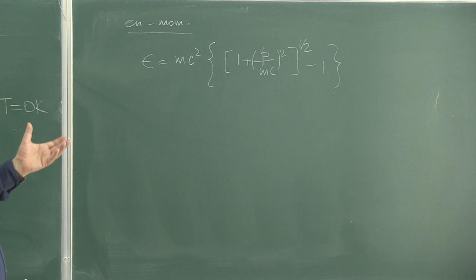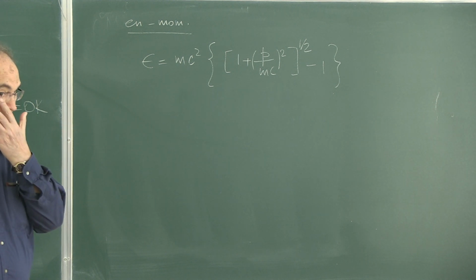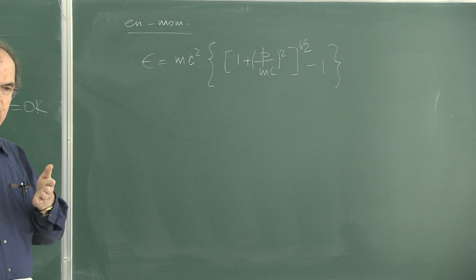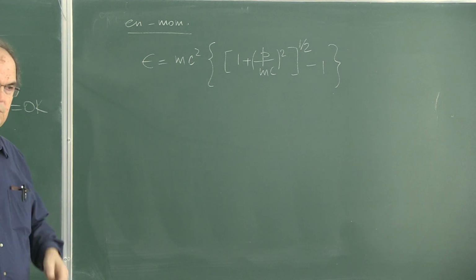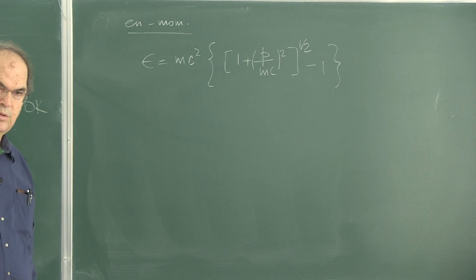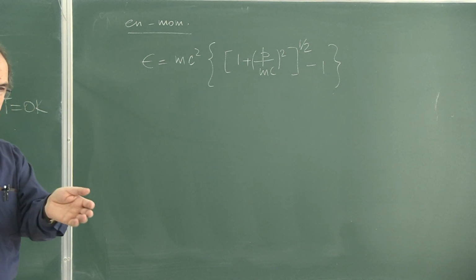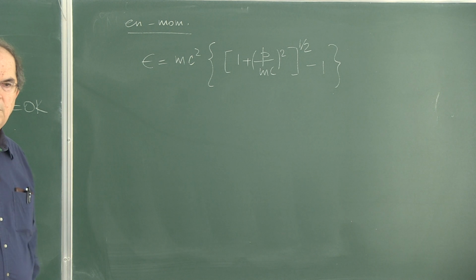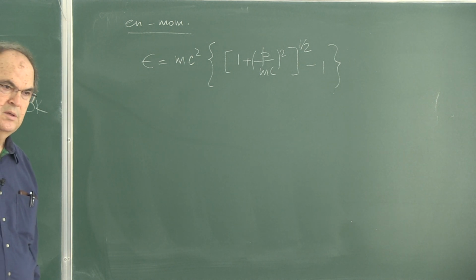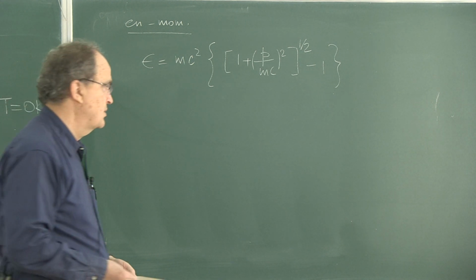Well, the first term you remember is the square root of c²p² plus m²c⁴, the relativistic energy. You can get rid of the rest mass energy, subtract that out, so that's it.